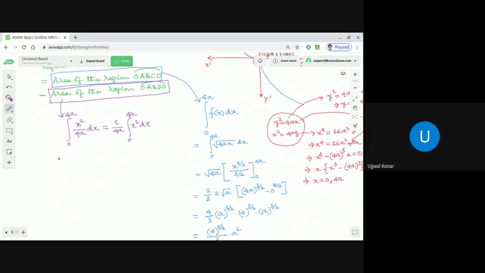So this is equal to what? 1 by 4a into x cube by 3, 0 to 4a. So that is equal to 1 by 12a into 4a to the power cube. Correct or not?